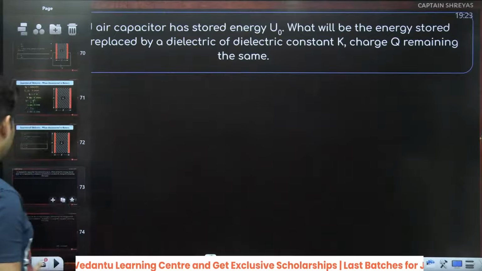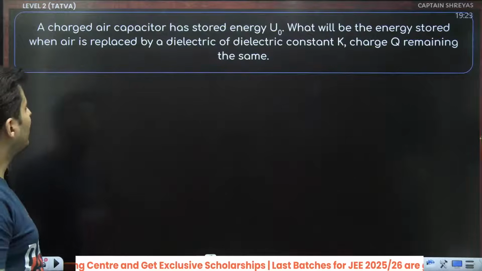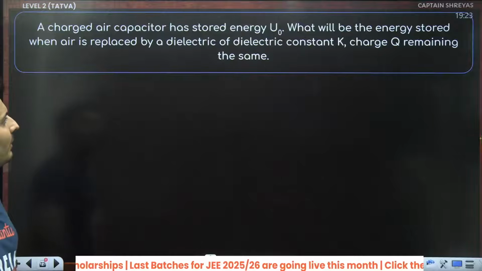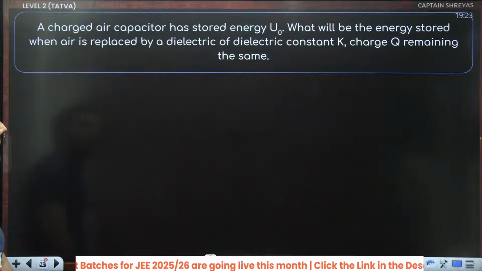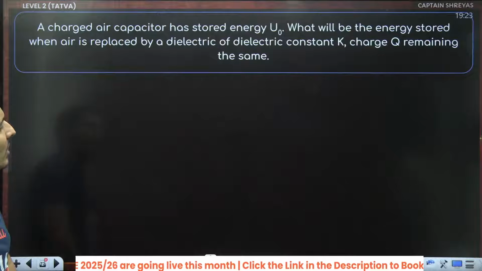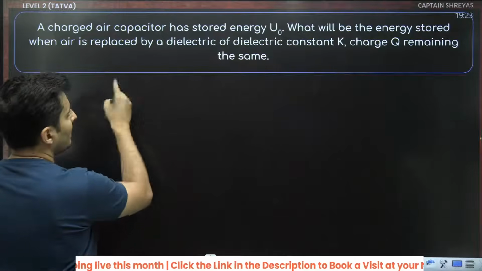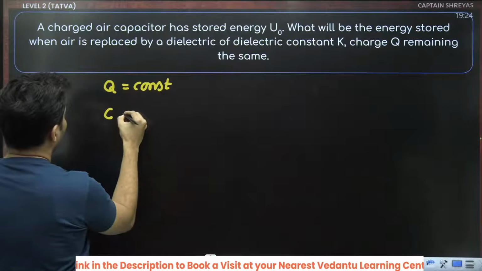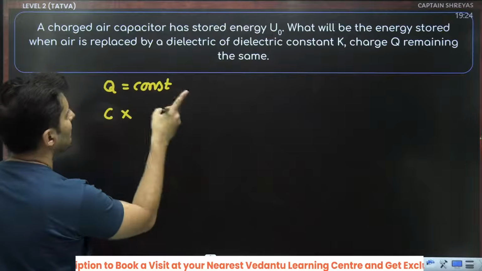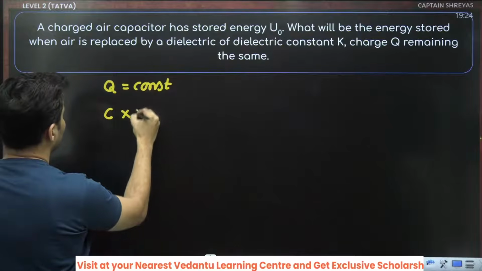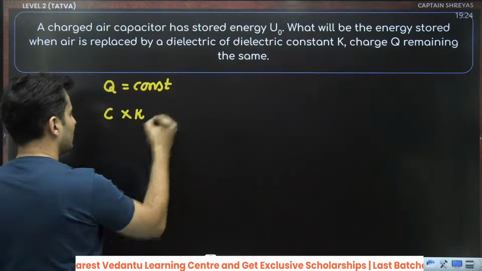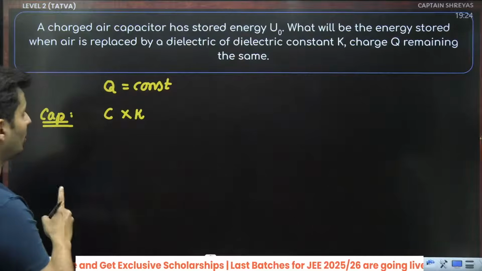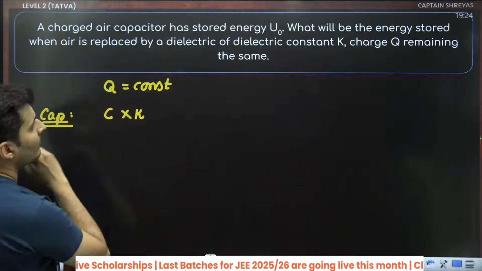Okay, let's do this question. There is a charged capacitor, and what are we doing with it? Energy is this much. What will be the energy stored when air is replaced by dielectric of constant K, Q remaining the same? Q is the same. So, if Q is given to be a constant, capacitance will increase. How many times when air is replaced by dielectric constant? K times. This is what will happen to the capacitance. So, what will happen to the energy?